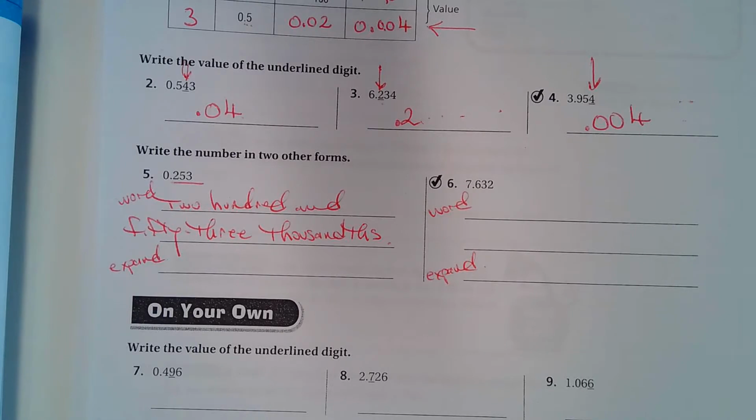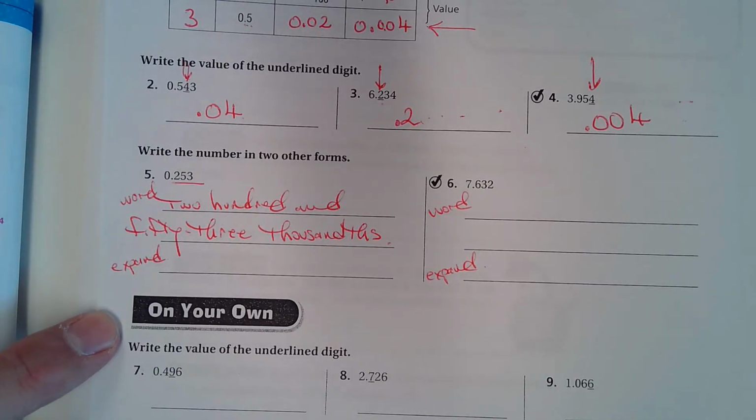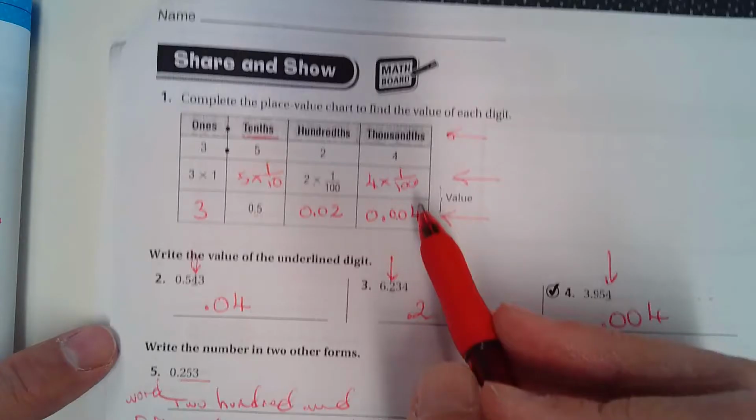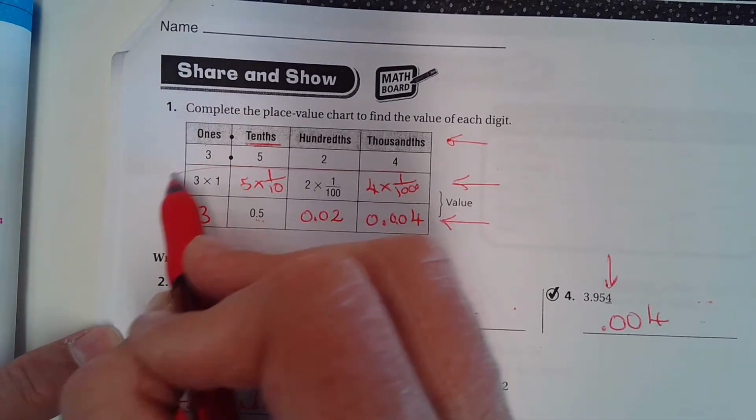Nicely done. 253 thousandths. That's exactly right. Expanded form. So Mr. Texera. So this would be expanded form, what we're looking at right here.